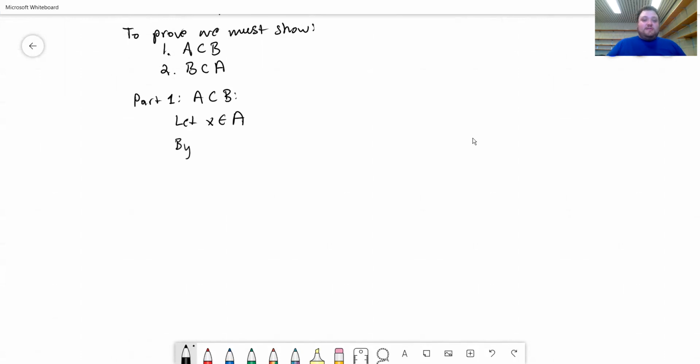By definition, X is equal to 4i plus 1, and I've changed the variable just so that we don't get confused with the other variables, for some i in Z. And what do we want to do?